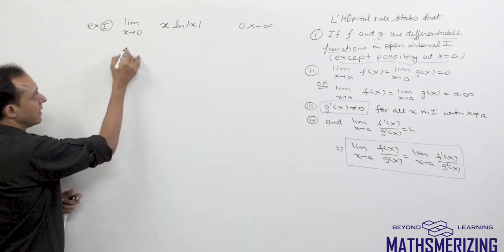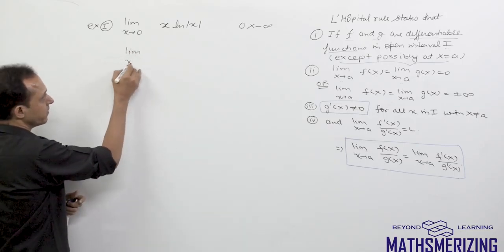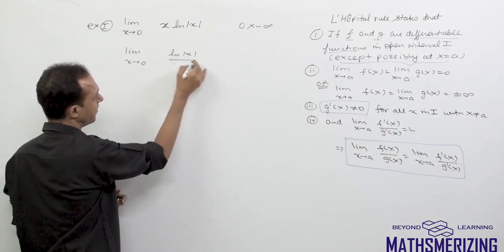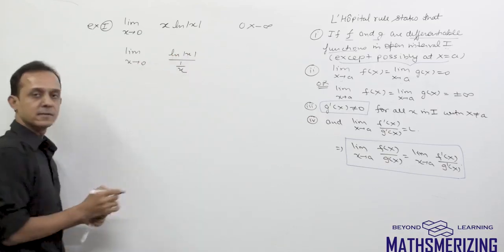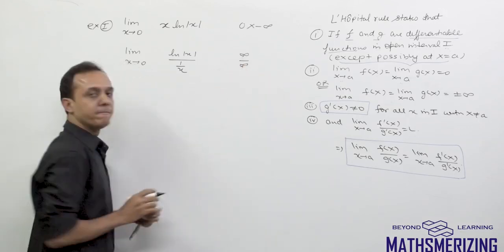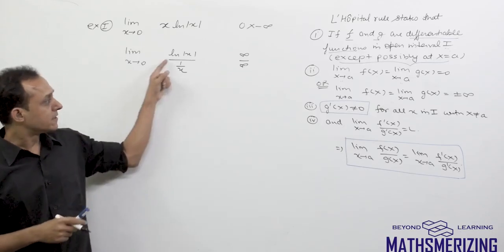Now I can write it as limit x tends to 0, log mod x upon 1 upon x, which is infinity upon infinity form. So now it satisfies the second condition.